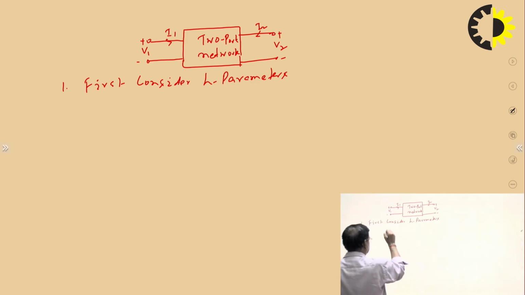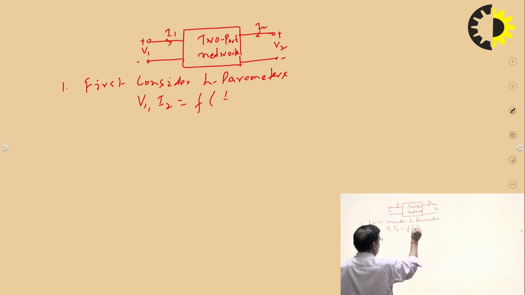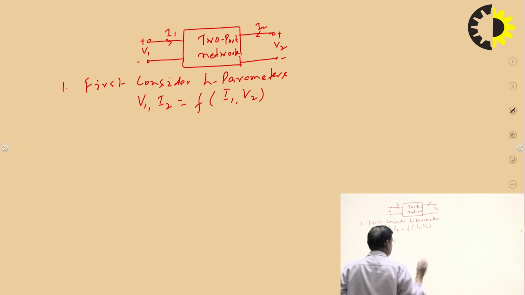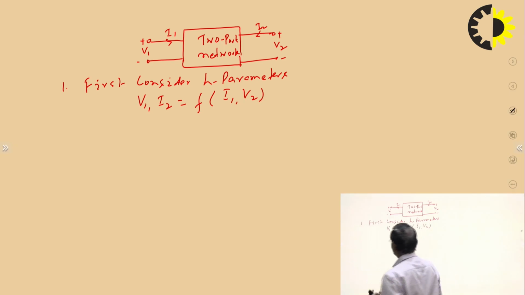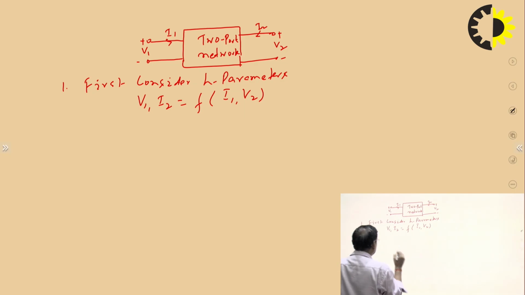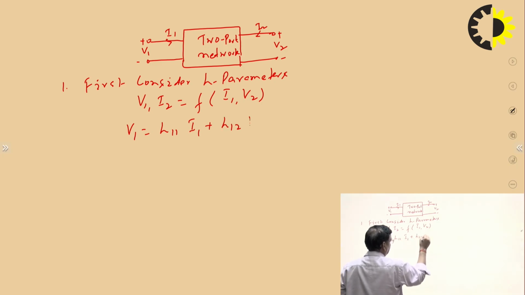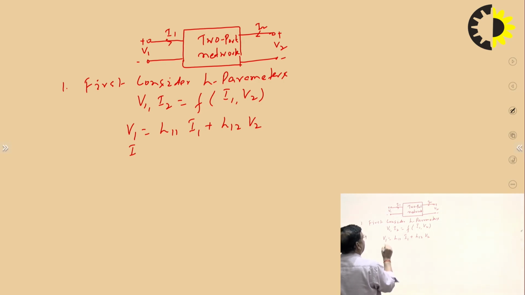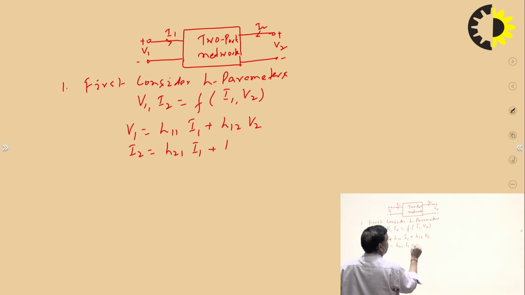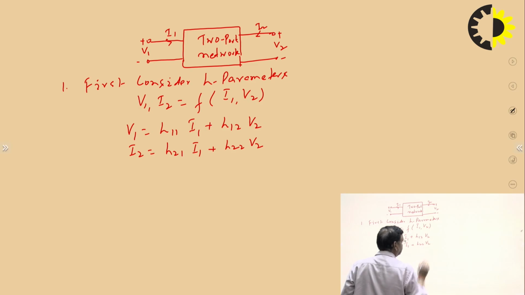When V1 and I2 are functions of I1 and V2, that is, V1 and I2 are dependent and I1 and V2 are independent, we get the H parameters. So we can write the equations: V1 is H11 I1 plus H12 V2, and I2 is H21 I1 plus H22 V2.